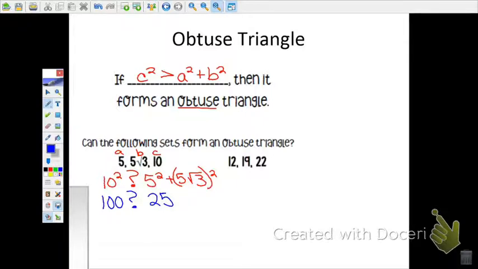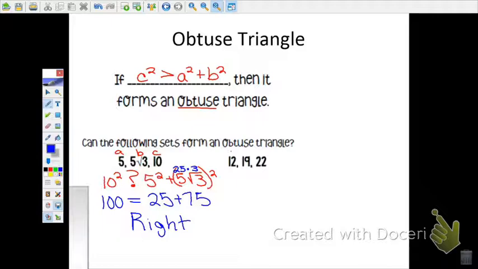We have to square the 5, which gives us 25, and we square the square root of 3, which gives us 3. So that's 75. Okay, so these are equal, which means it's a right triangle. Okay, so it's not obtuse, it's right.